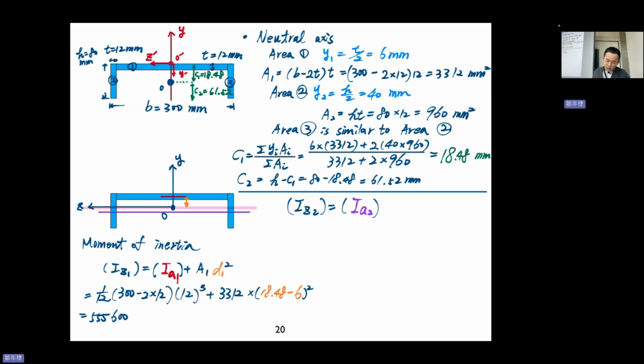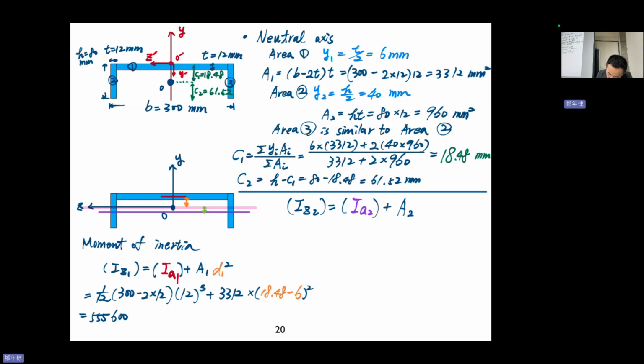And this is the centroid of area 1 and area 2. Plus A2. Change another color again. A light green. Did you see that? Here. Okay, very small distance, light green.